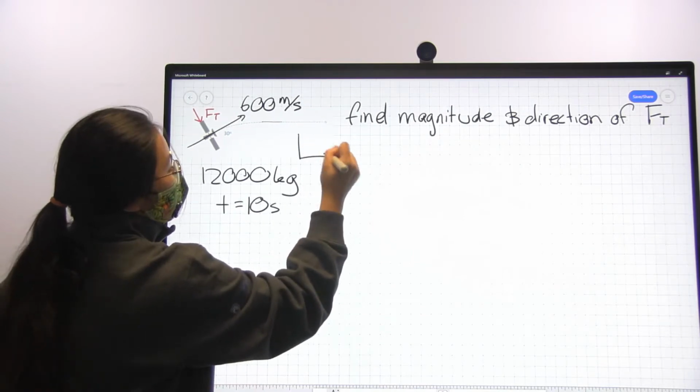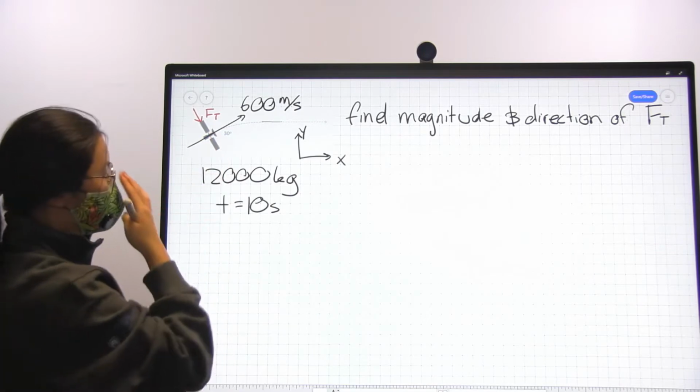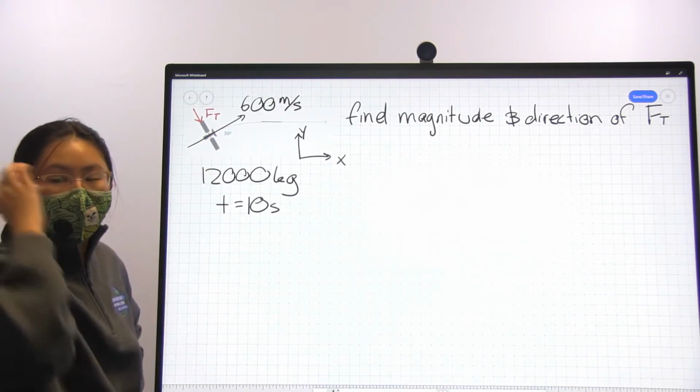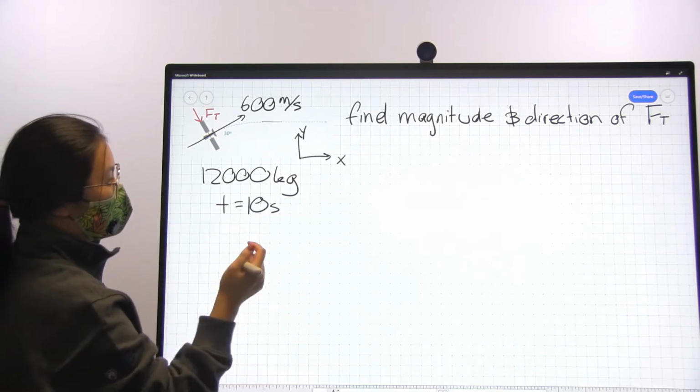Now, we're going to set our coordinates. X is in that direction, and we're going to say that y is up. So, first thing, we are going to make our impulse momentum equations for the x and y directions.